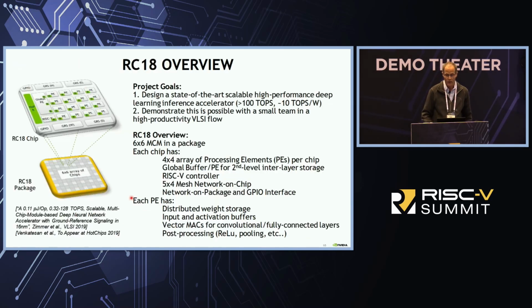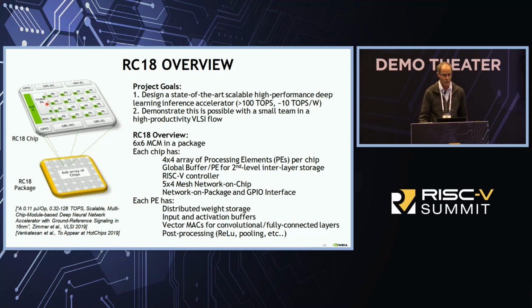identical. So this is an example of a machine learning accelerator that NVIDIA research developed a few years ago using basically this methodology for the entire chip. It's basically a multi-chip module that contains a 6x6 array of these chips. And then each chip contains a 4x4 array of processing elements that do the heavy-duty lifting for the machine learning computations.